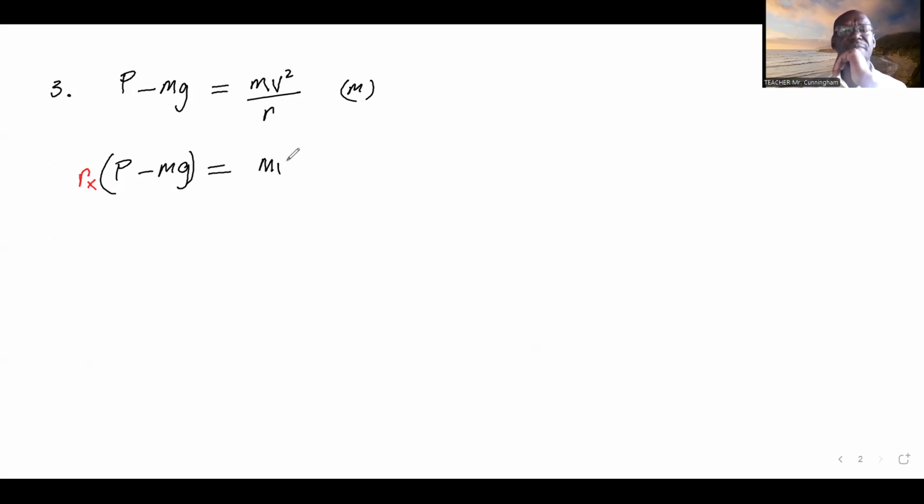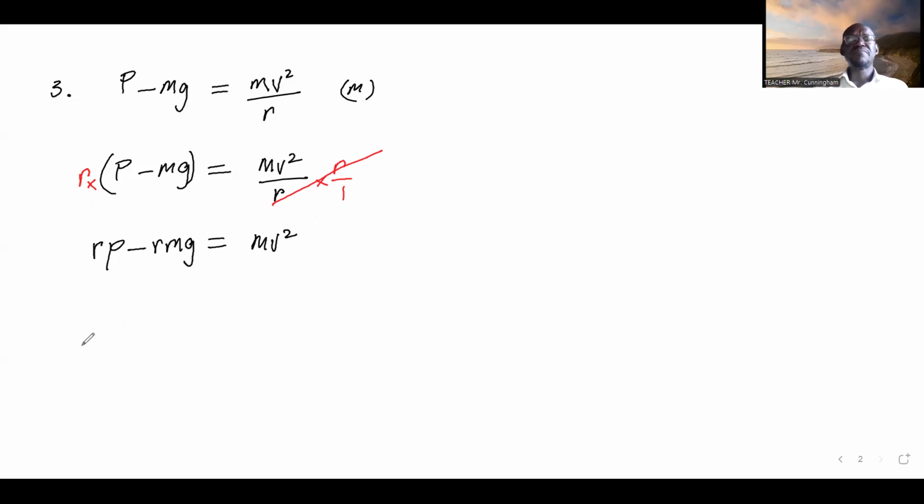And then there's mv squared divided by r. And of course, we are multiplying by r. Right? I multiply the entire thing on this side by r, and I'm multiplying here by r. So what I get is mv squared. r by p is rp, and r by mg is rmg.